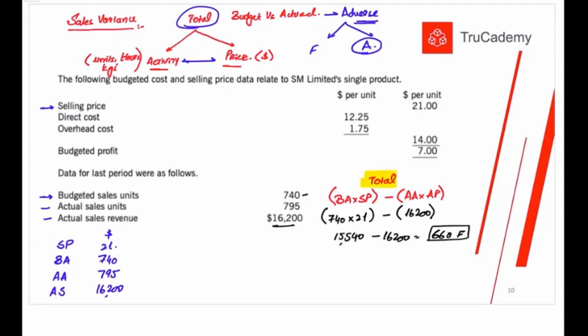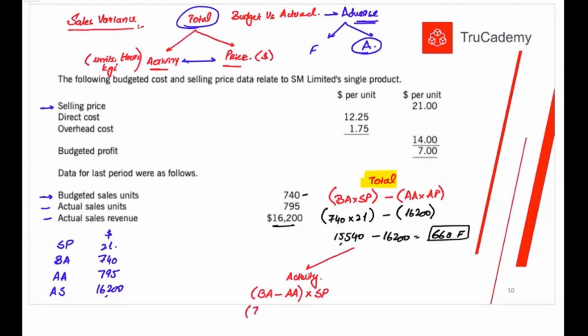Now let's calculate the activity variance based on number of units. So it's an activity variance. First we need to take the activity, budgeted activity minus the actual activity, and then we need to flex it, so multiply with the standard price or the budgeted price.